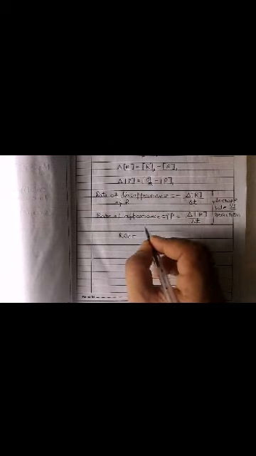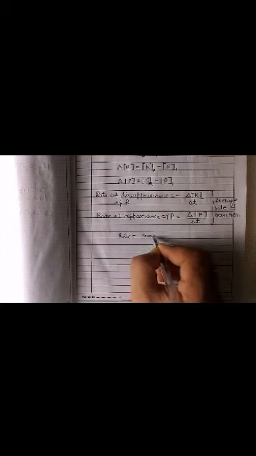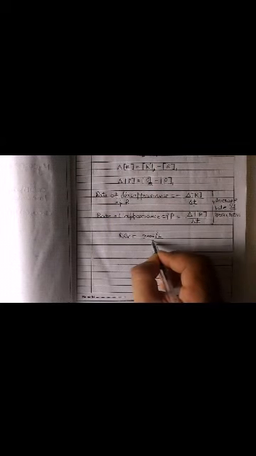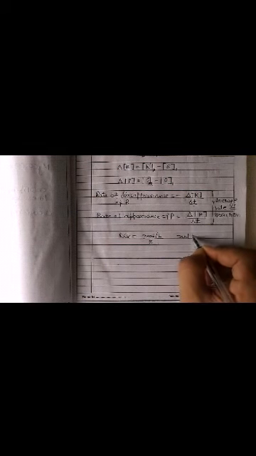Its concentration will be in mole per liter, and then we have time, let's take it in seconds. So this will be the unit, mole per liter per second. This will be the unit for the rate of a reaction, the average rate of a reaction.